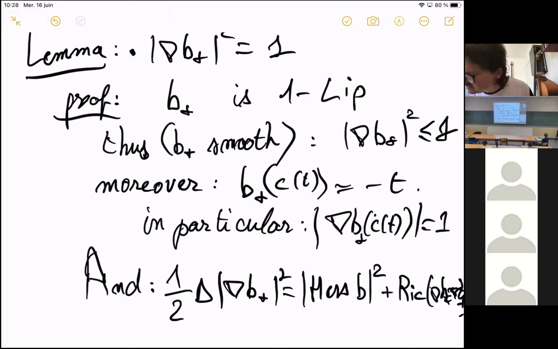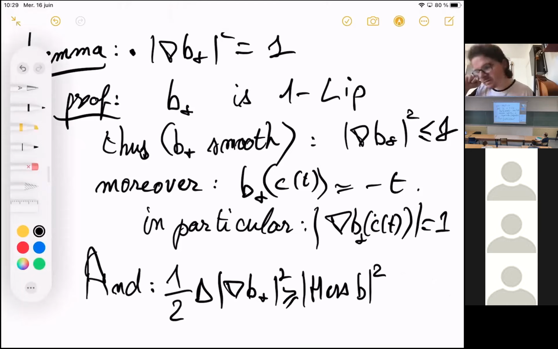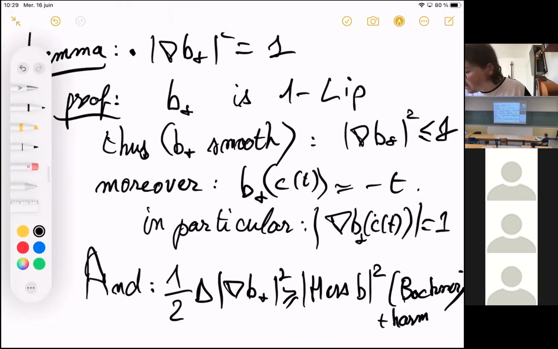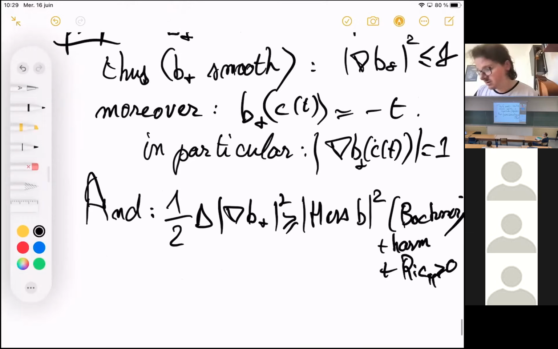Oh, sorry, this is unreadable. So maybe let's just skip. This is a corollary of the Bochner formula. Using the harmonic assumption, the gradient of the Laplacian of B inner product with gradient B is gone. And the Ricci curvature assumption allows us to get rid of the curvature term.